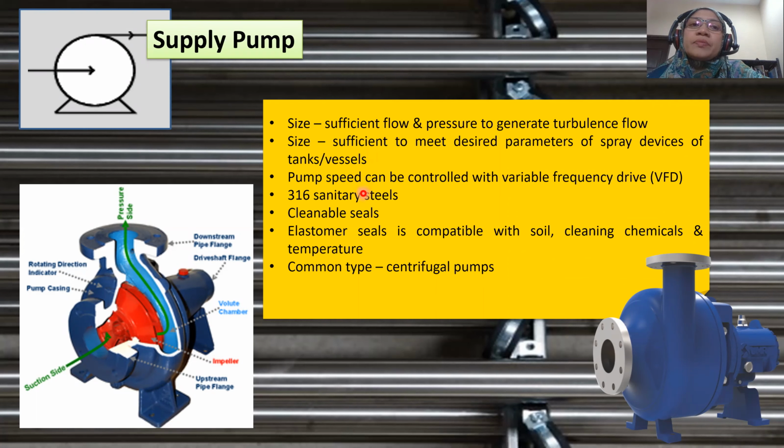Pump speed can be controlled with a variable frequency drive, VFD, to meet different requirements of circuits in the system. It is good to have pumps built from 316 sanitary steel, cleanable pumps that have cleanable seals, and the elastomer seals are compatible with soil, cleaning chemicals and temperature. A typical supply pump is a centrifugal pump.